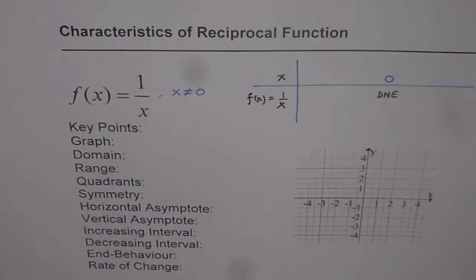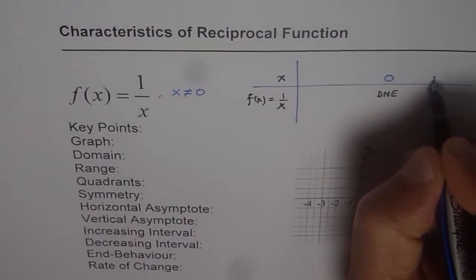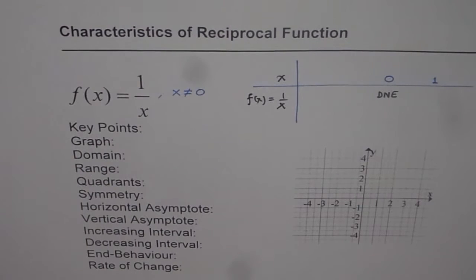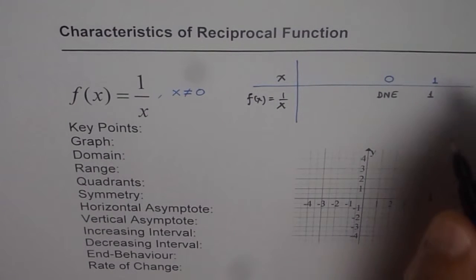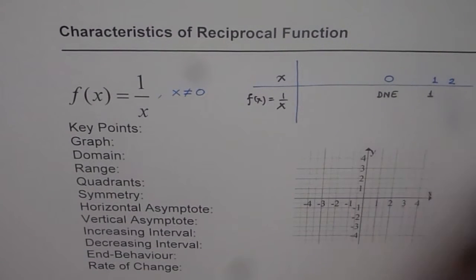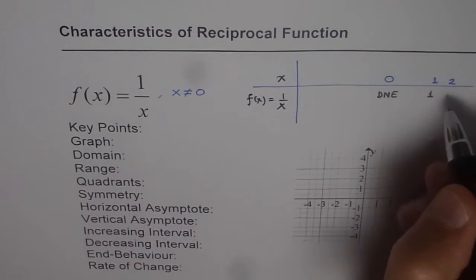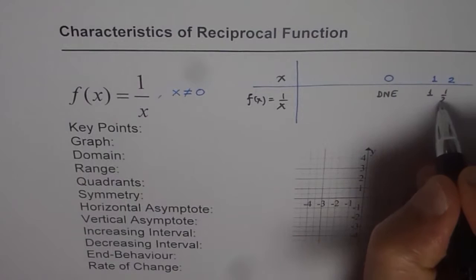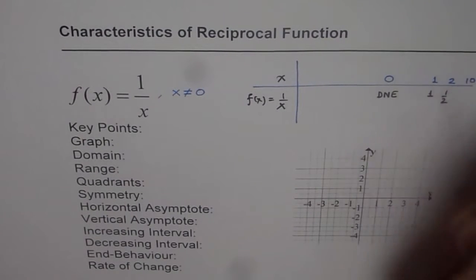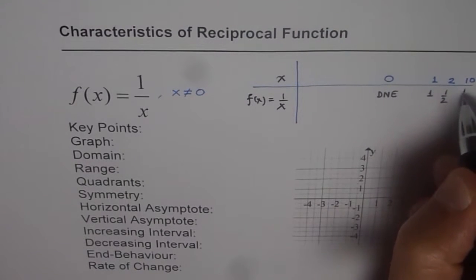Now if I take a value which is 1, for example, 1 over 1 is the same number 1, right? So for 1, I'm going to get 1 as f of x. If I take a value more than 1, for example 2, then f of x will be 1 over 2, which is half, less, right? If I take a higher value, let us say 10, it will remain positive. 1 over 10 will be f of x.